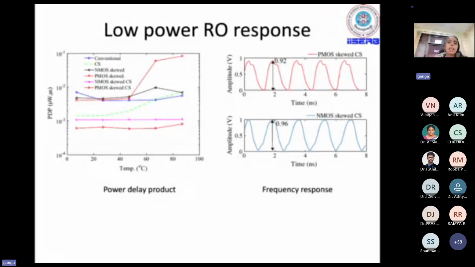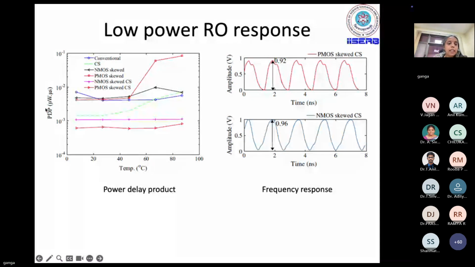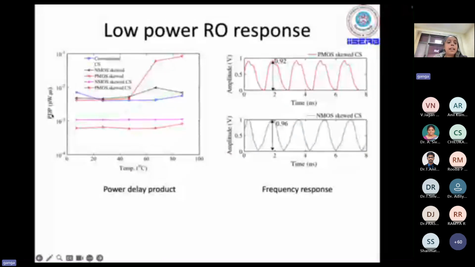Here we can see the functionality of this low power RO. For a fair comparison, we always have to implement the designs under the same environment and compare. As we can see, the conventional design, which is marked as this blue line with the circle, here we are seeing the power delay product. The lower the power delay product, the better the design is, right?